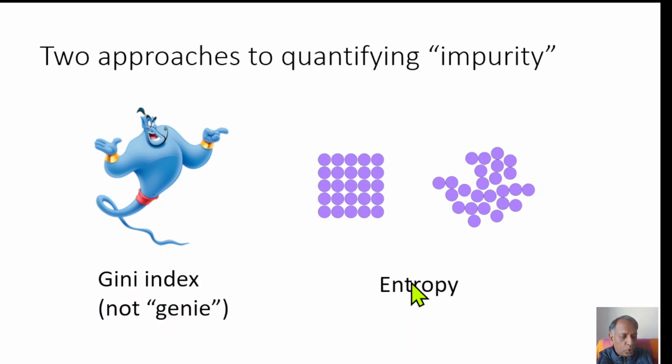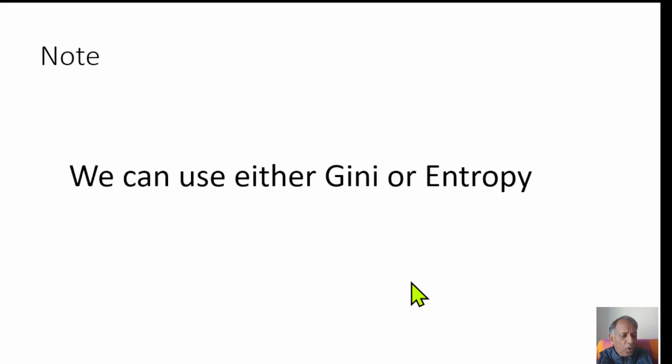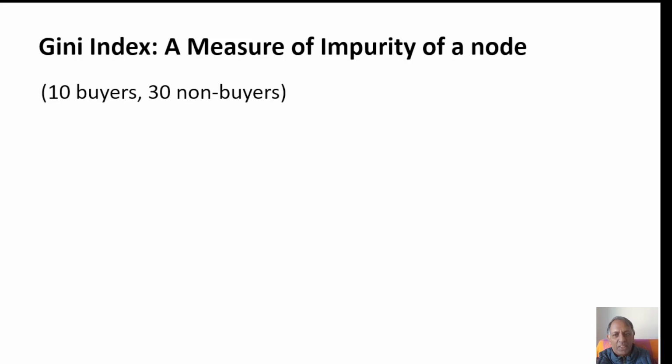And the other is called entropy. Now you don't need to really worry about the details of either of these. I'll show you the formula and so on. But the whole idea is that it's able to convert our subjective or intuitive understanding of purity of a node into a hard number that we can use for comparison. That's the basic principle.